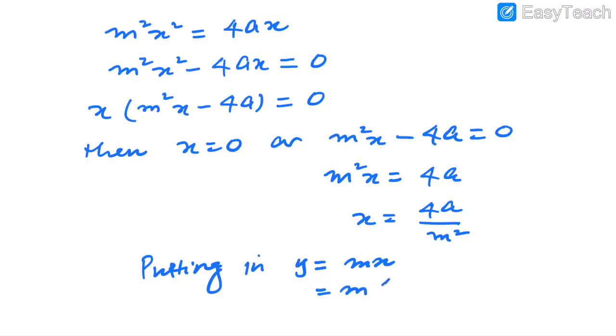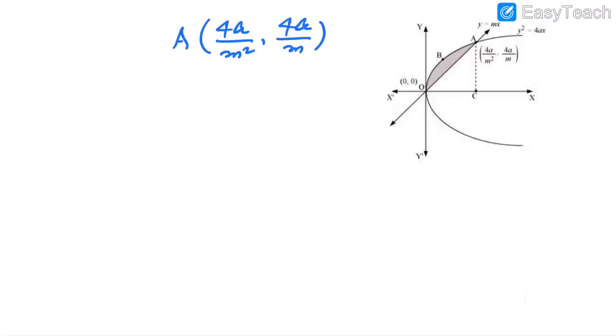Now putting the value of x in y is equal to mx, we get the value of y. Therefore y is equal to 4a upon m. So this is the point of intersection. So point of intersection A is 4a upon m square, 4a upon m.